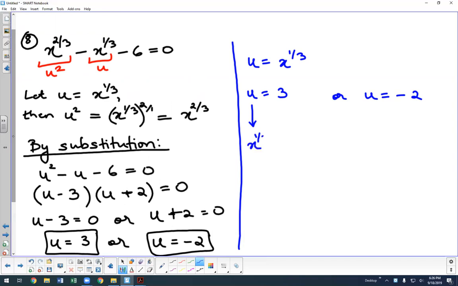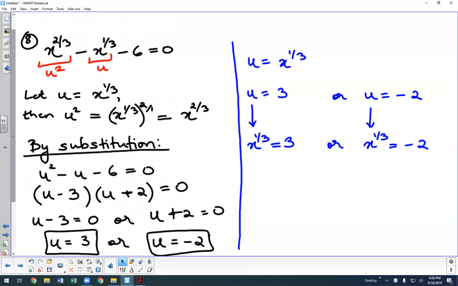Replace that u with x to the power of 1/3, so x to the 1/3 equals 3, or x to the 1/3 equals -2. Think back to example 5.